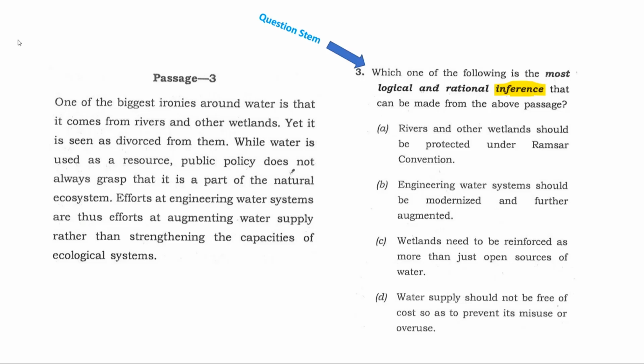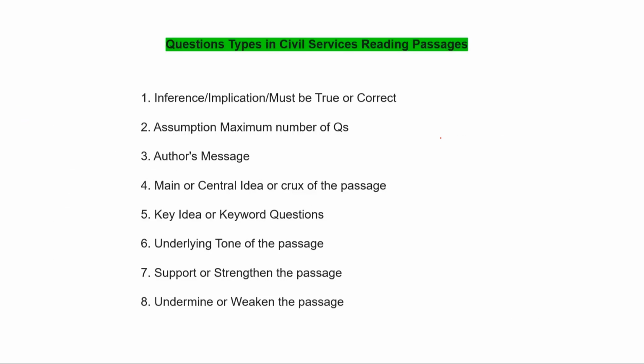We look for some specific details in the passage depending on the question type. That is why you must read the question stem first. And the following are some common question types tested in the Civil Services GS paper 2. Okay, I mean prelims.